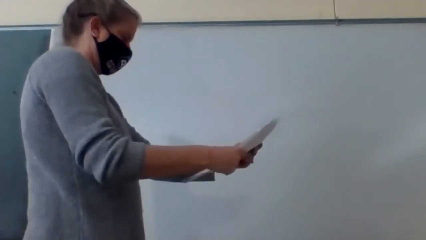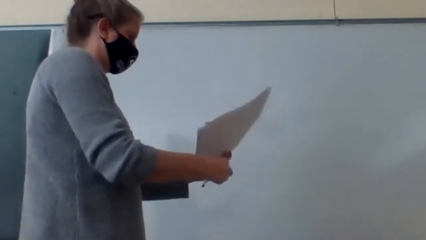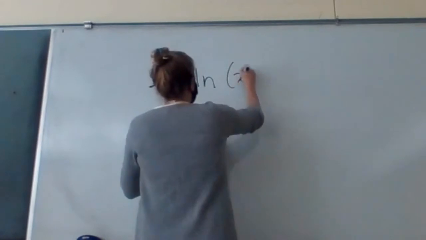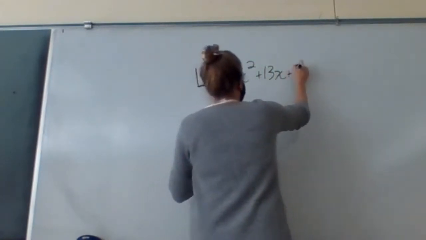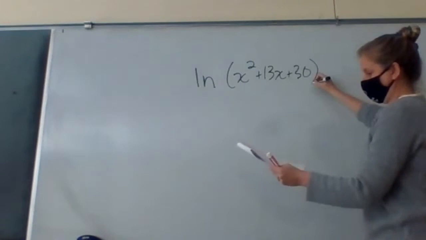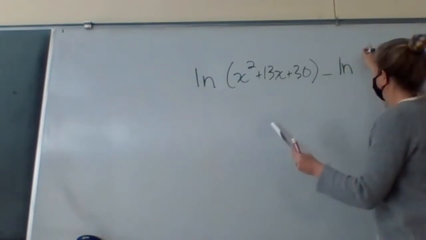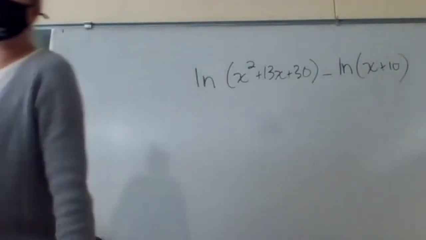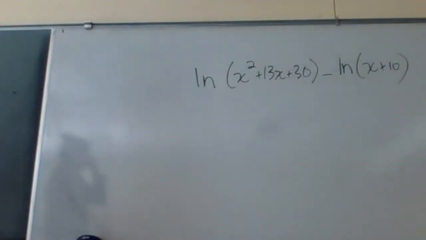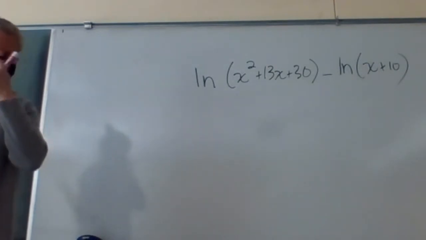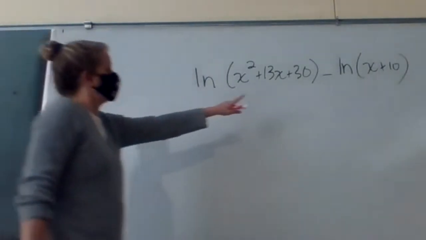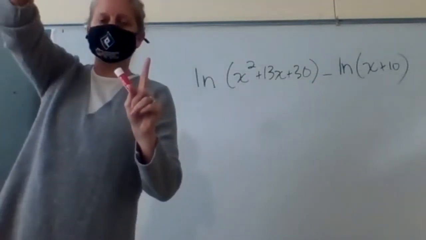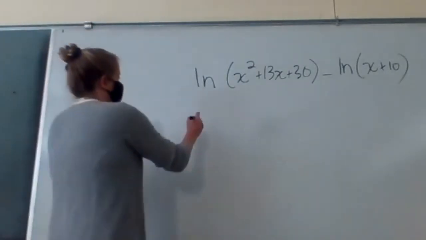I've got ln of x squared plus 13x plus 30 minus ln of x plus 10. So if I'm going to simplify this, the first thing I'm going to want to see is it written as one logarithm. Since it is subtracted, I can rewrite this as one logarithm and put the first one over the second one.